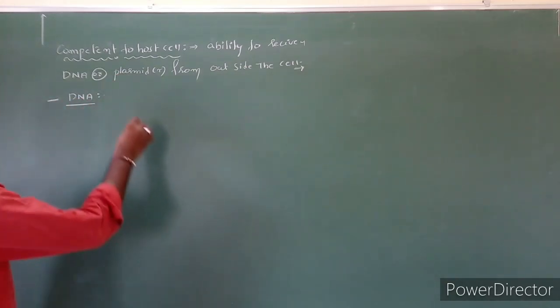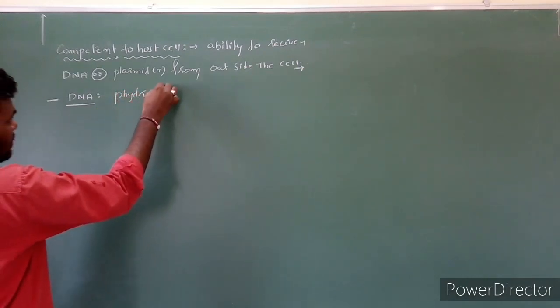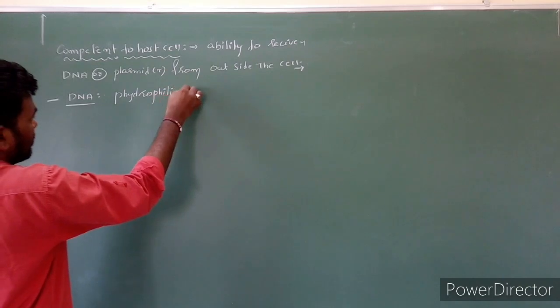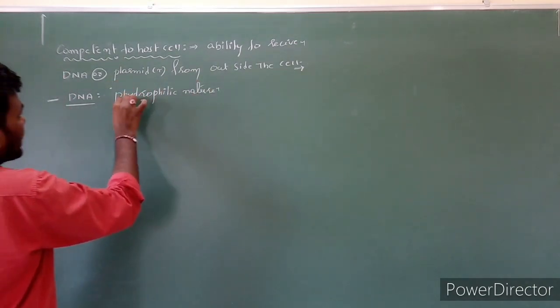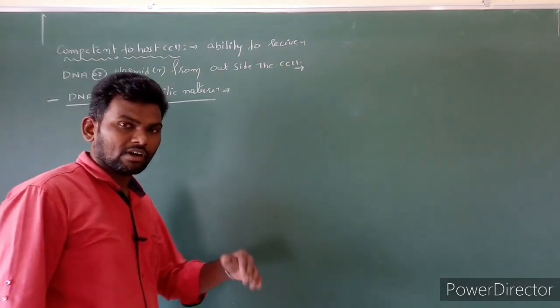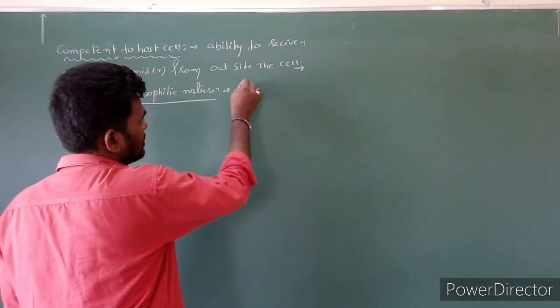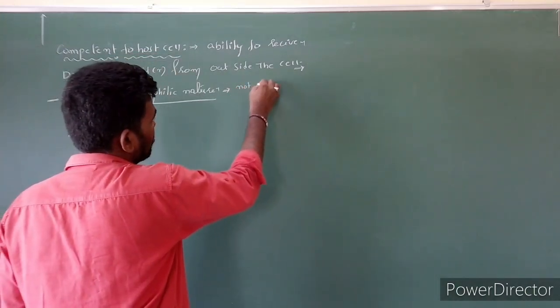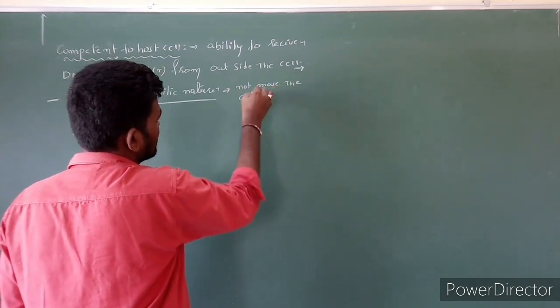So this DNA is generally hydrophilic in nature. Due to the hydrophilic nature, it can't cross the cell membrane easily. So it does not move across the cell.